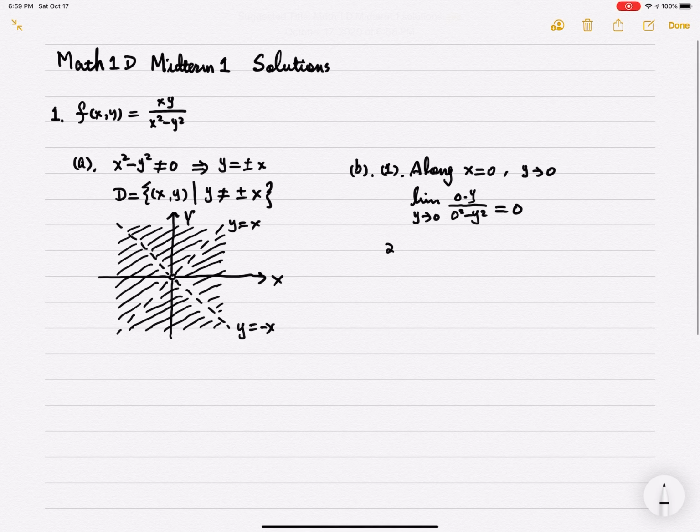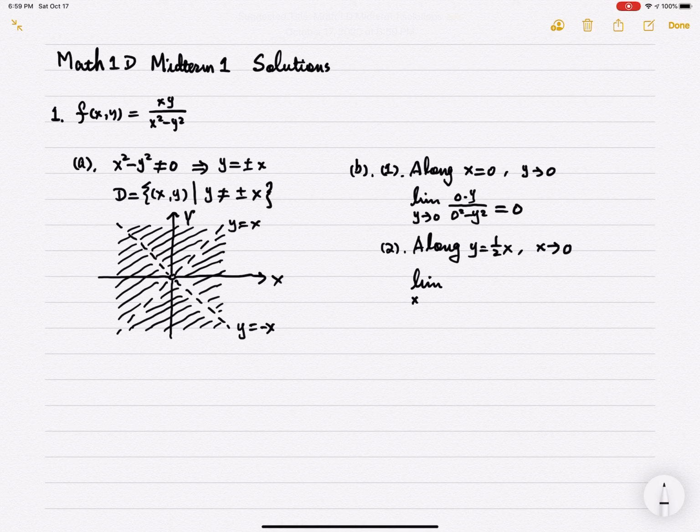Secondly, how about we go along y equal to half x? We cannot let y equal x because the denominator will equal 0. And then we let x approach 0. Now, this is a line passing through the origin. We let x go to 0, but not equal to 0. Then we consider the limit.